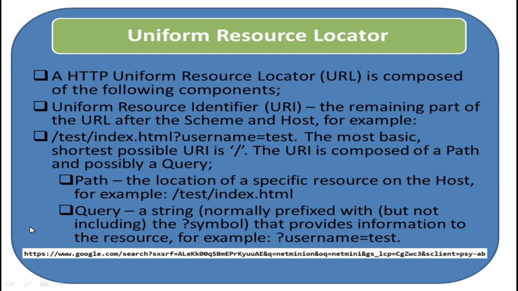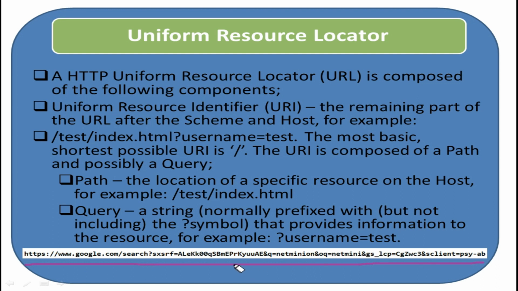But if you are querying or finding something, maybe some kind of search, that part will come after the question mark. Once the question mark appears, whatever comes after it is your query part. If you search for NetMinion on Google, you can find this kind of URI, maybe bigger than that, somewhat compacted.